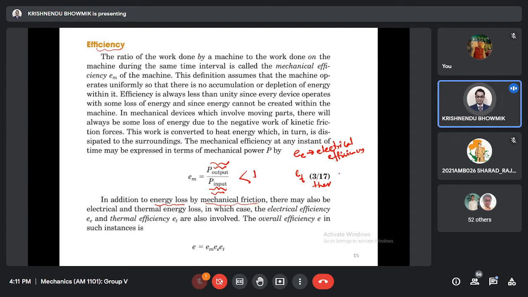In higher classes you will come to know. Another one is EM, mechanical efficiency, due to friction. Then overall E would be EM multiplied by ET multiplied by EE, or many more.